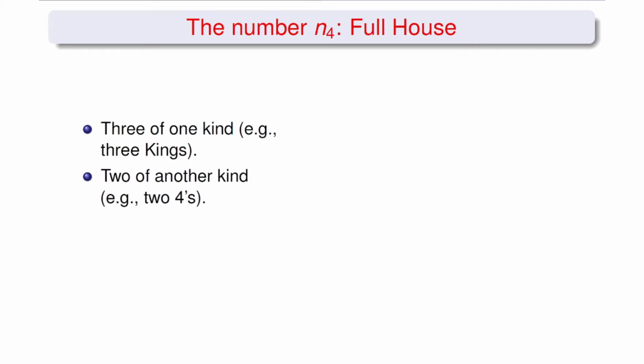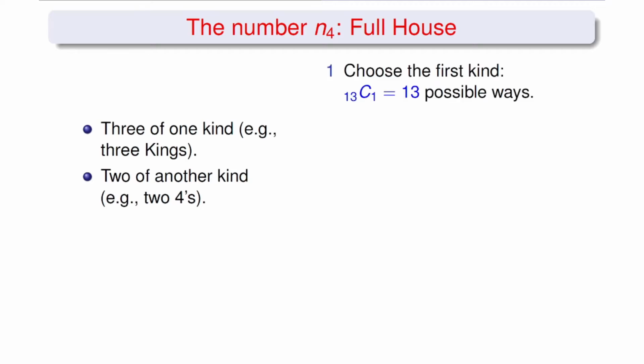So 3 kings plus 2 fours put together is a full house. Now let's view this as several steps. Step 1, we want to choose our first kind. There are 13 different kinds, so 13 choose 1. That's 13 possible ways for step 1.